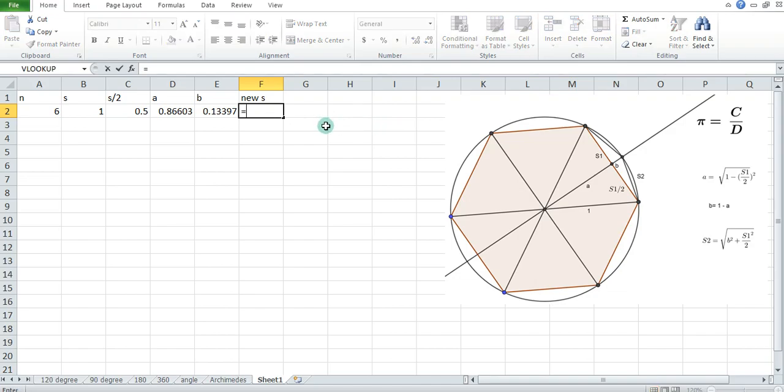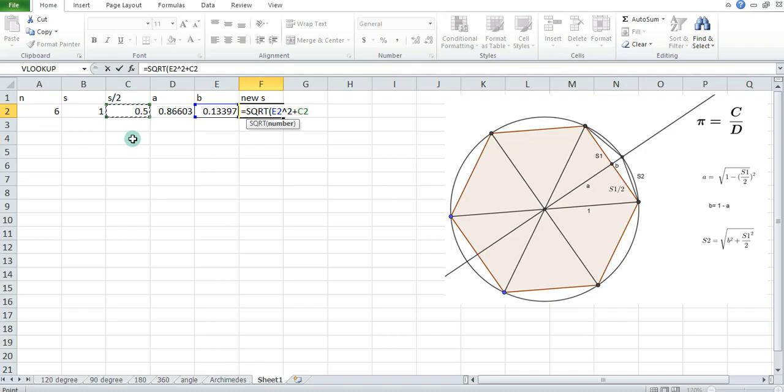New s is equal to the square root of b square. Here this is b, so we have to press shift and the 6th number, that is square, and square is number 2, plus we have to add the s1 by 2 whole thing squared.